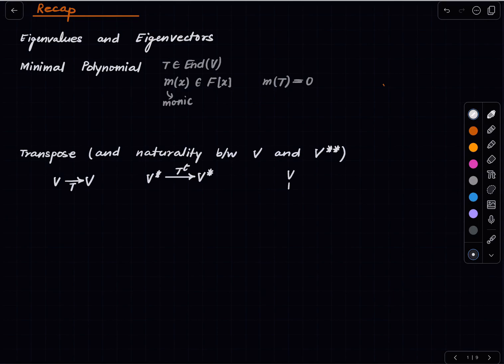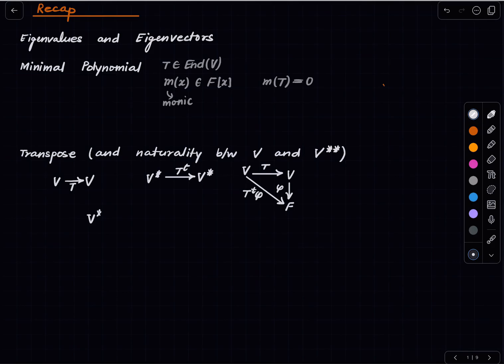Once we are given something, let's call it phi. So this is an element of the dual of V. This is a linear functional on V. So this is in V star. What is its image under the transpose? Its image under the transpose is what you obtain when you compose it by T. So this composite is T transpose phi. So that is the notion of the transpose.